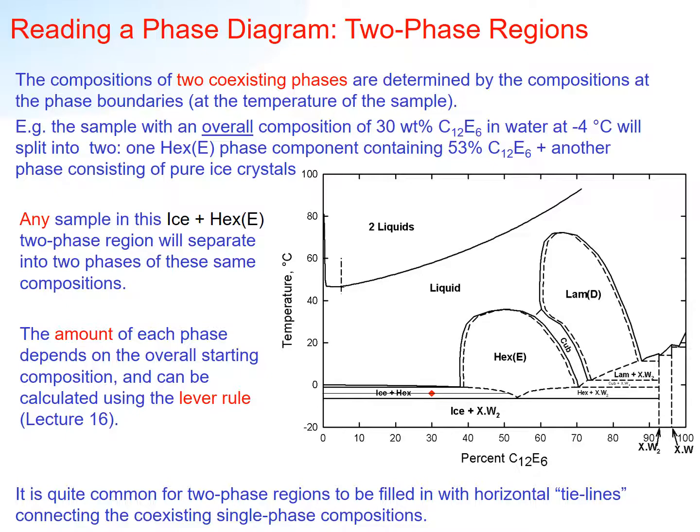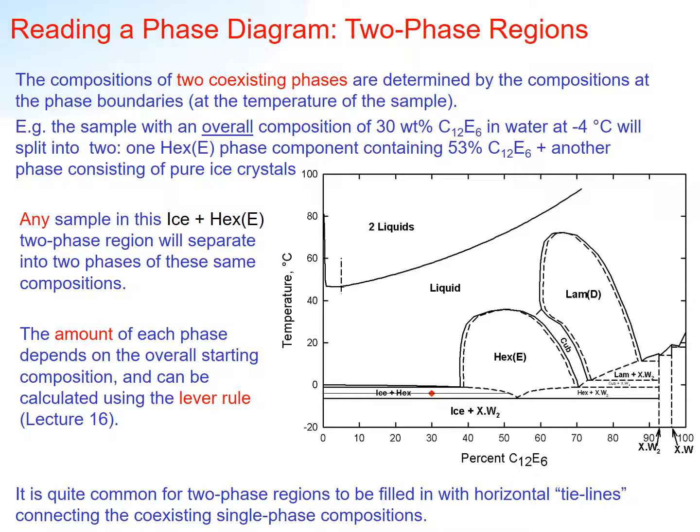We can use the phase boundaries to identify the compositions of the two coexisting phases in those two phase regions. They're determined by the endpoints of a horizontal line drawn through the sample, horizontal line reflecting the fact that they're at the same temperature.